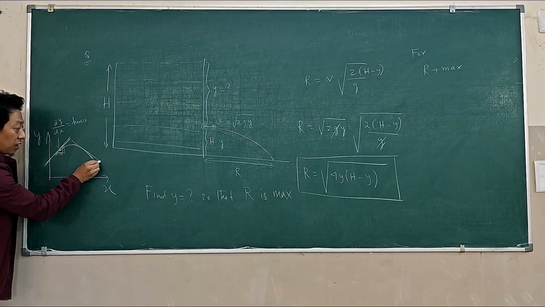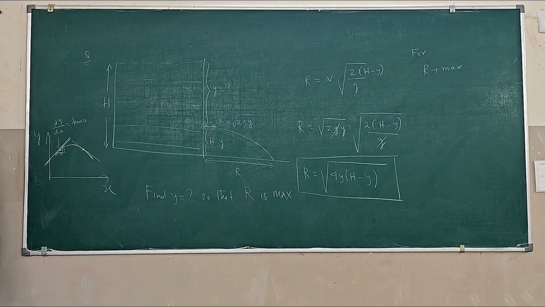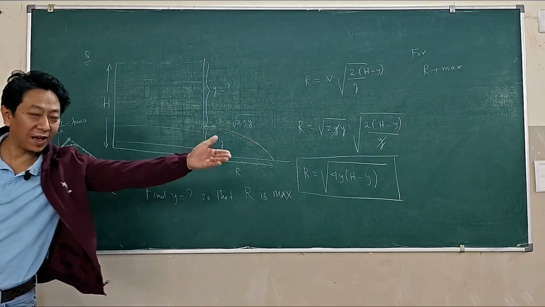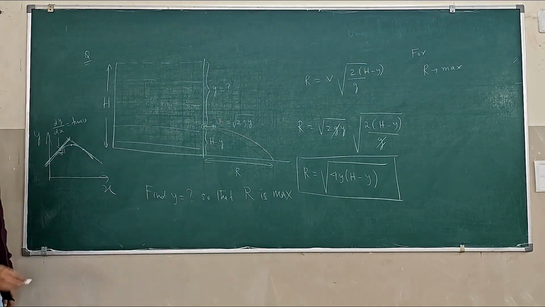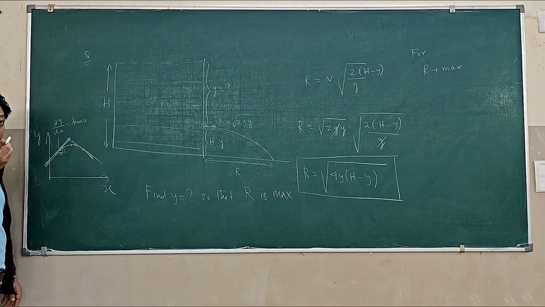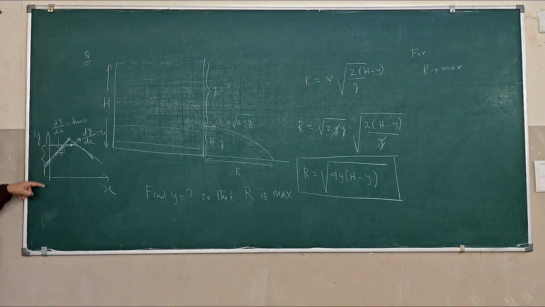So here if I draw tangent at this point, slope will be what? Here slope is positive, here slope is negative. So in the middle what should be slope? If you go from plus to minus, somewhere you have to cross 0, right? So at this point what is dy by dx? Dy by dx is 0. Y is what? Maximum.